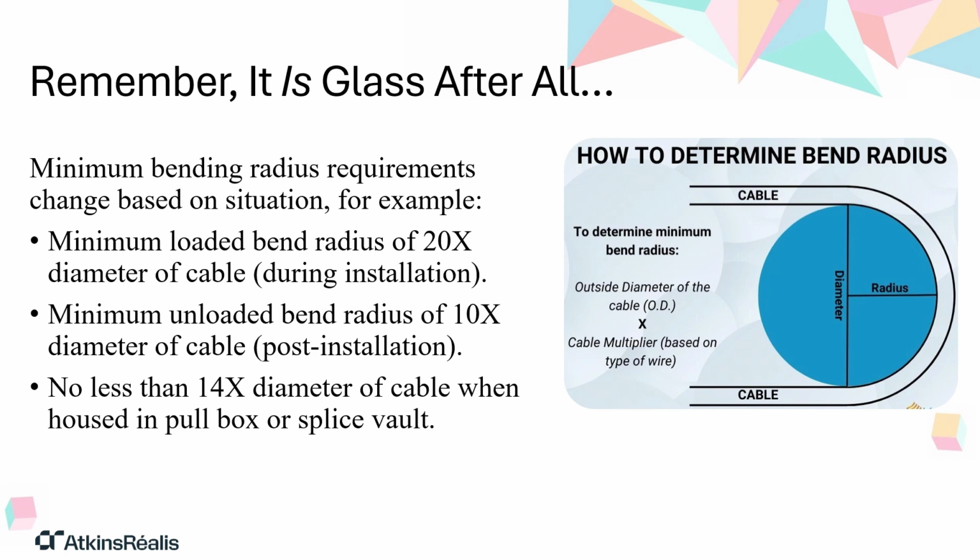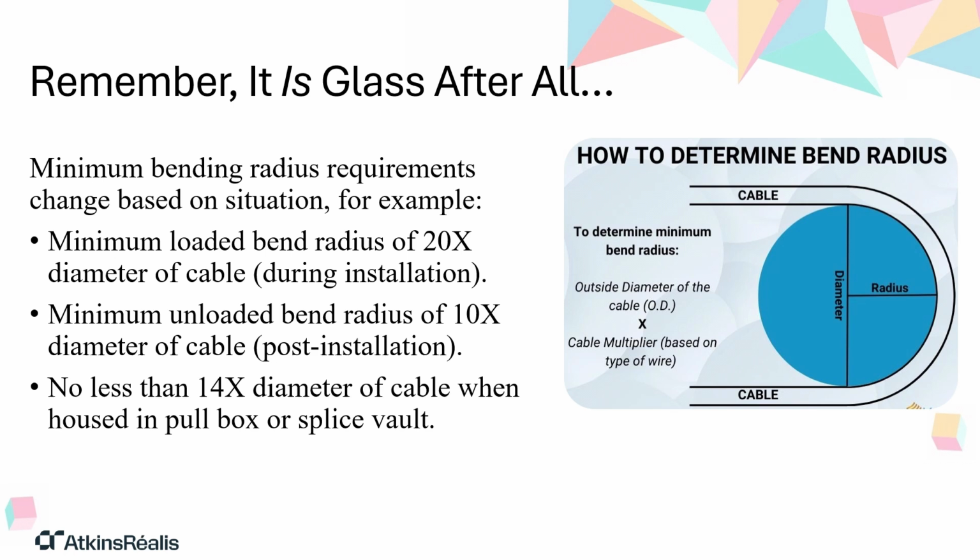This means if you had a 1-inch diameter cable, the minimum bending radius could not exceed 20 inches. Similarly, the minimum unloaded bending radius, or post-installation, is 10 times the diameter of the cable.